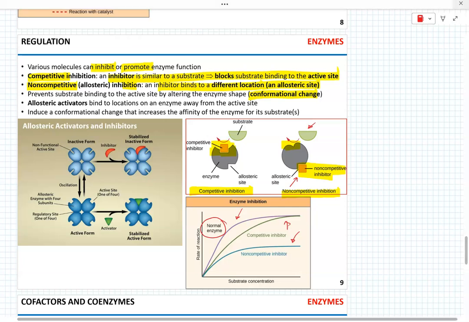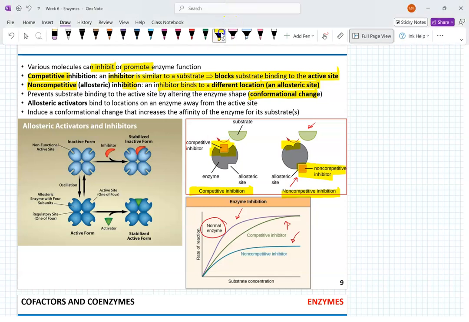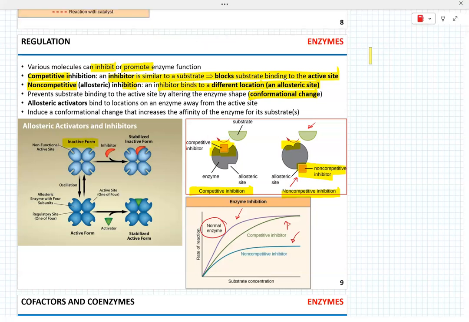Another important feature of the enzymes is that they can be allosterically activated. On the panel on the left, you can see that there is an inactive form of the enzyme, which can be stabilized by the addition of the inhibitor. This inactive form can oscillate, periodically forming the active form of the enzyme, which is stabilized by the allosteric activator.